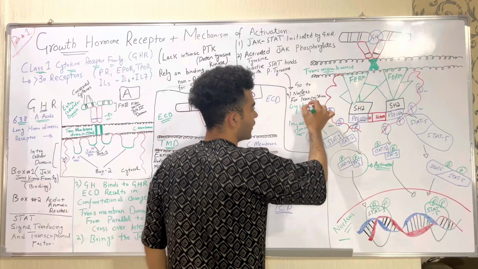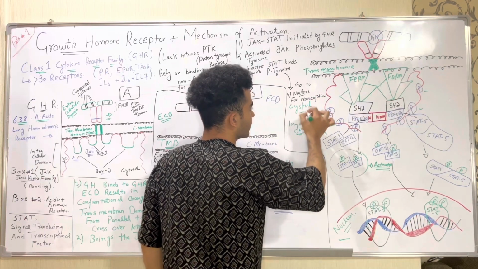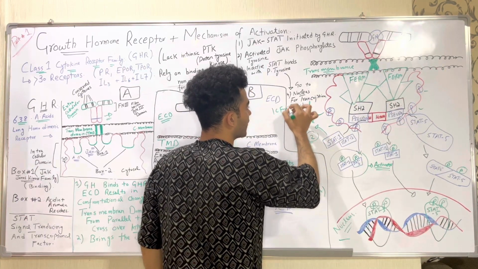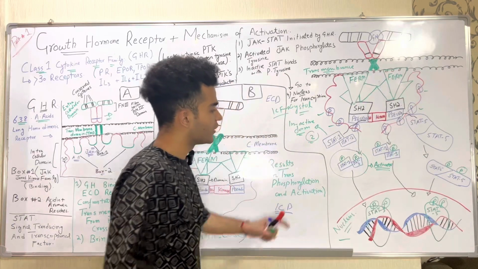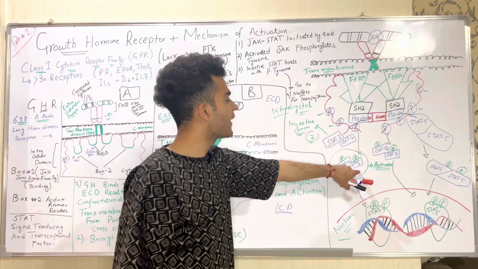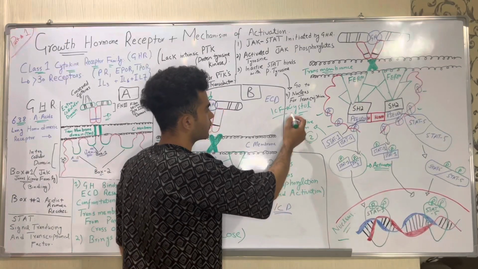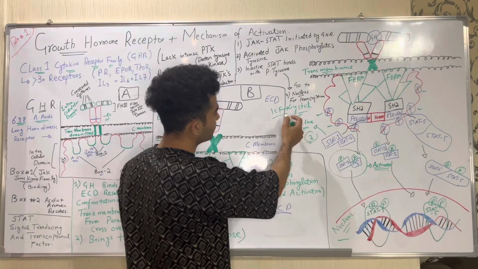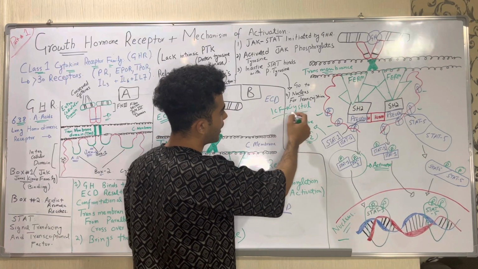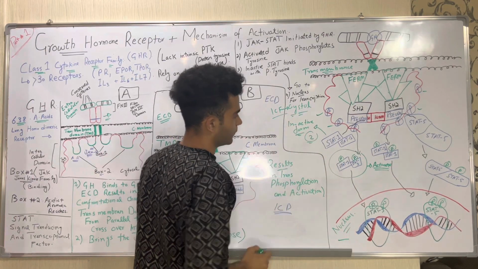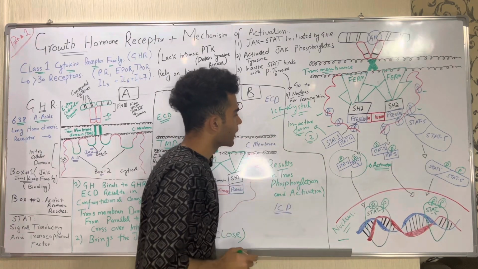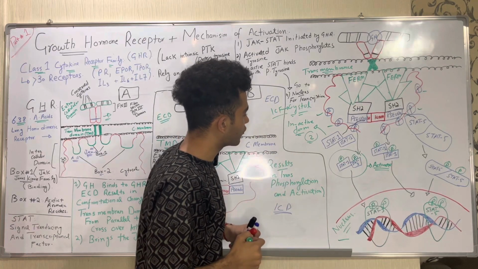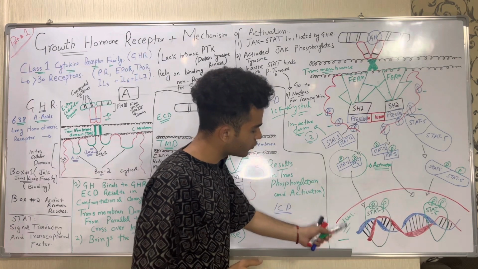It is the intracellular part, but it was just the cytosol of the cell. Now when this is activated, this was the intracellular part, which is the cytosol, but not the nucleus. And this is now the nucleus.